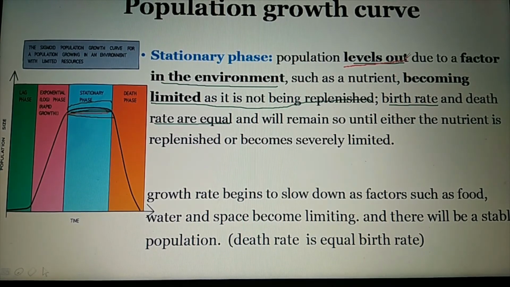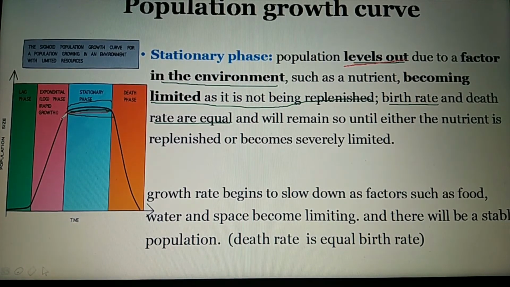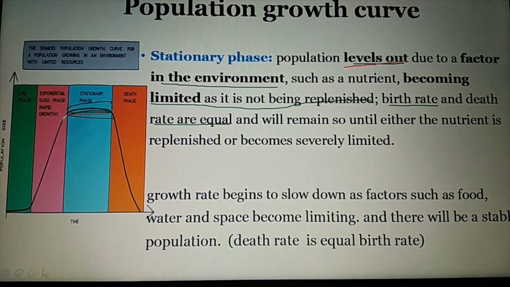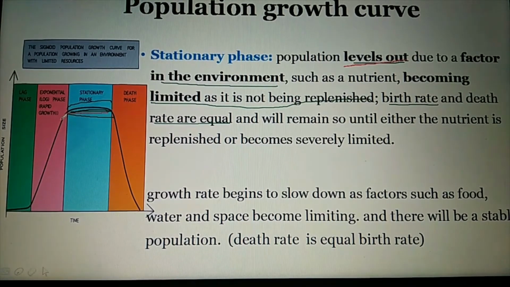Okay, because in the exponential phase, we had a lot of birth rate. So at this point, there will be a decrease in food because there are a lot of organisms to consume it. There will be a decrease in nutrients because there are a lot of organisms to consume it. So when it gets here, we begin to have a leveled out population.